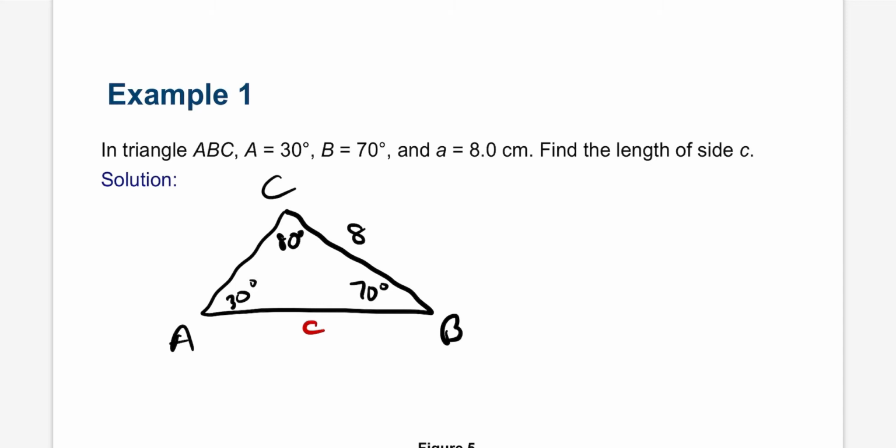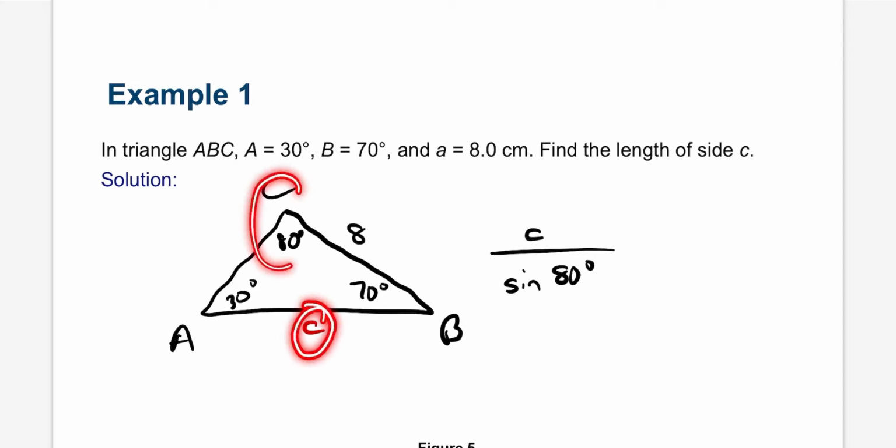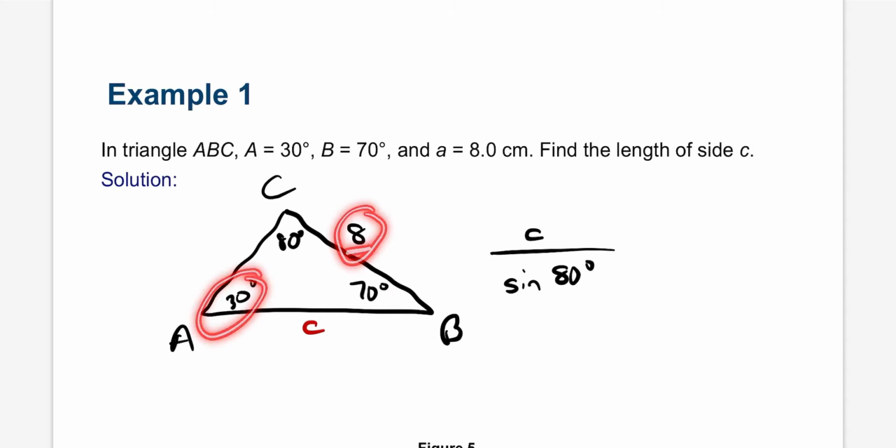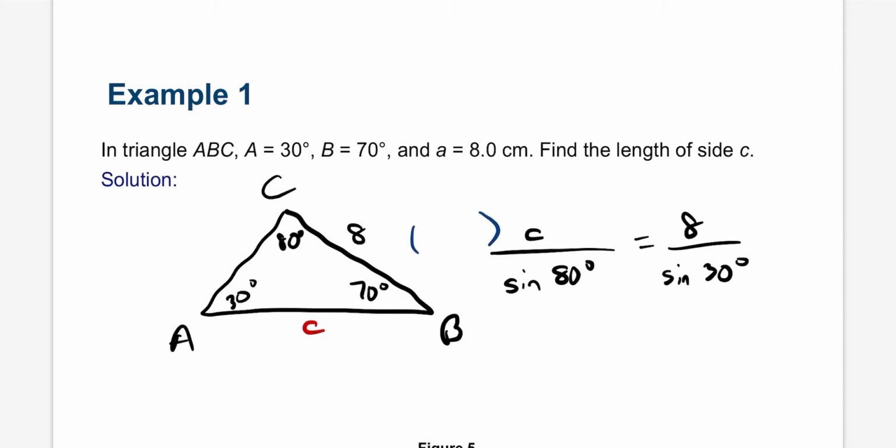The law of sines says that c over sine of 80 degrees, the side over the corresponding angle, is equal to the side over the corresponding angle. This is the one you want to use because this is what's given to us: 8 over sine of 30. Now we can solve for c by multiplying both sides of the equation by sine of 80.